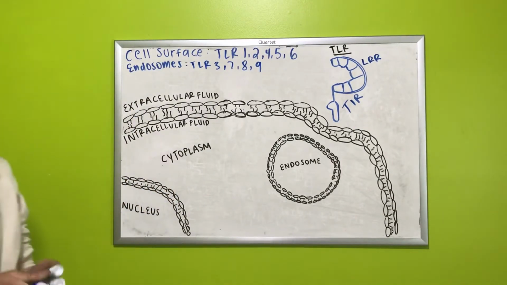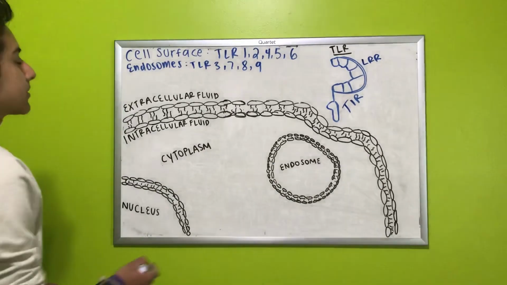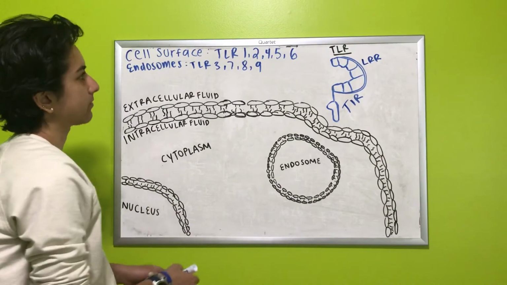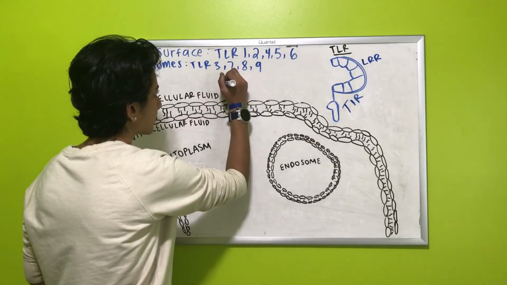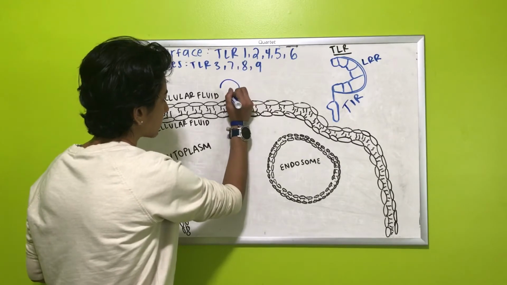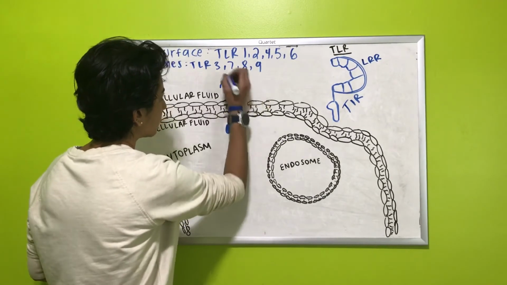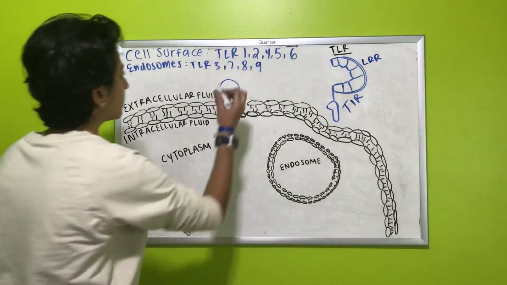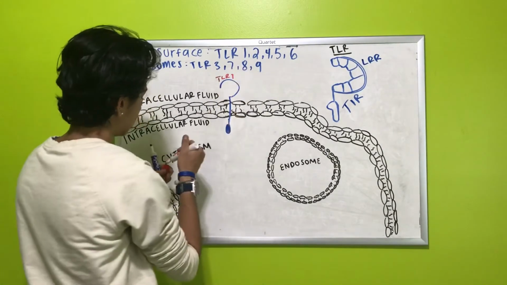Going back to what I said earlier about the dimers, toll-like receptors 1, 2, and 6 form heterodimers upon binding their ligand, which means that toll-like receptor 1, so here we draw the receptor, here's a TIR domain here. This is, label that in red. This is TLR1.